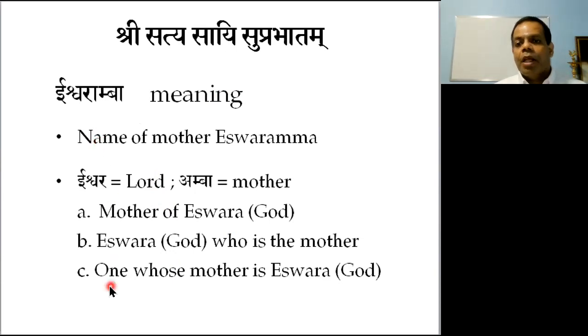Then a third meaning can be one whose mother is Ishvara. A person whose mother is Ishvara, that person is also Ishvaramba. So there are three meanings you can take from this word Ishvaramba. That is the beauty of Samasa.